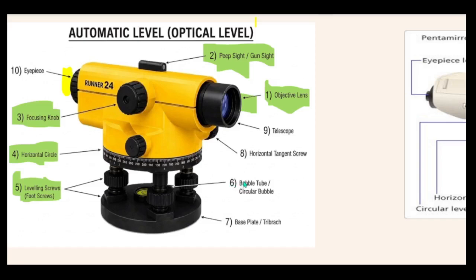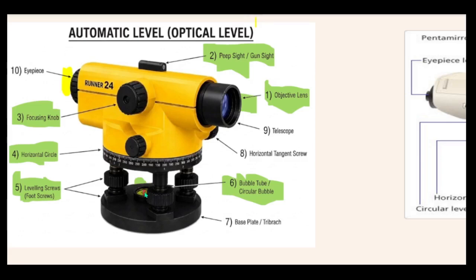The next one is the bubble tube. All right, the bubble tube. Now, the bubble tube is not this part you are seeing. The bubble tube is actually this part, this circular bubble tube here. Now, it contains liquid and air, right? The air is trapped inside the liquid. Now, this air moves around. This air has to be steady at the center.